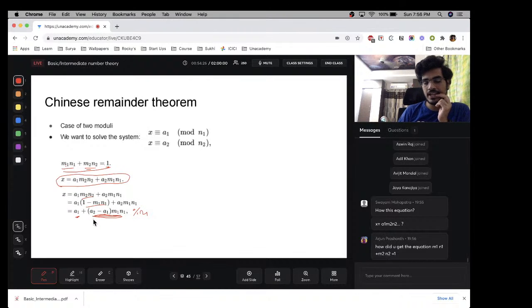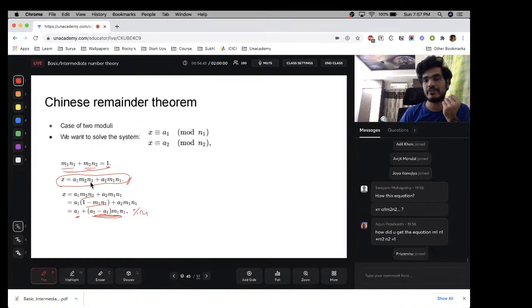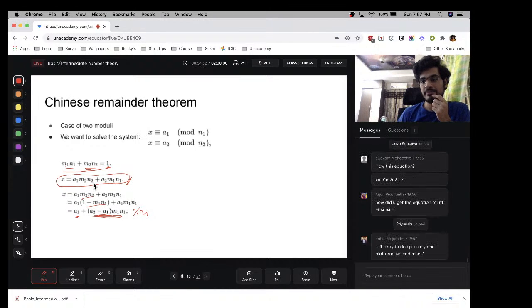Okay. There are a couple of questions in the chat. How is this equation x equal to a1 m2 n2 plus a2 m1 n1 found? This is a tricky question. Based on observations, let's suppose we found such an x. Arjun has asked, how did you get the equation m1 n1 plus m2 n2 equal to 1?